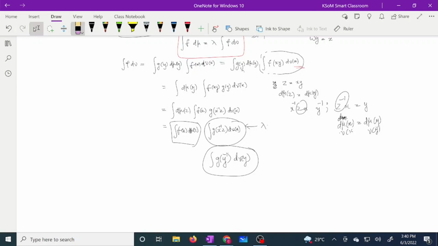That is why this lambda should come here. So we'll stop here. I took 10 more minutes, but it's okay.